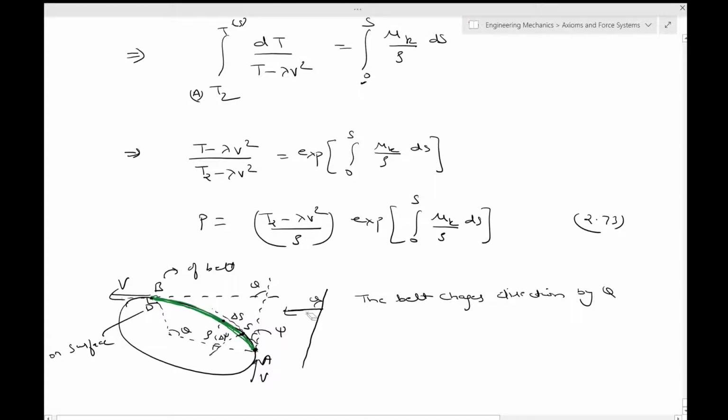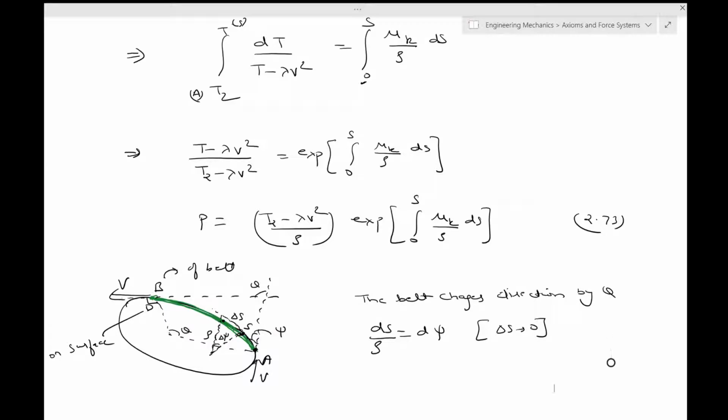That's why they say that the belt changes its direction by theta. And also ds by rho is equal to d psi. Just by looking at this triangle, you can say that ds is equal to rho into d psi. Obviously delta s tends to 0 in this case.